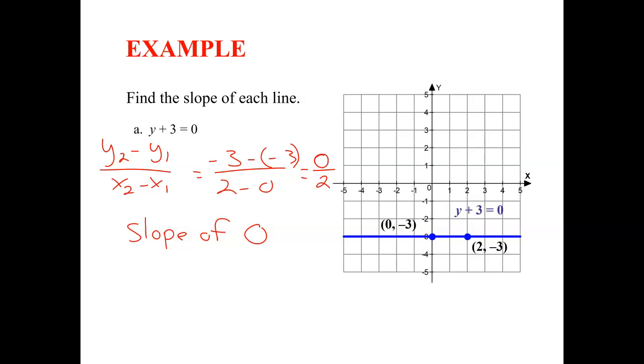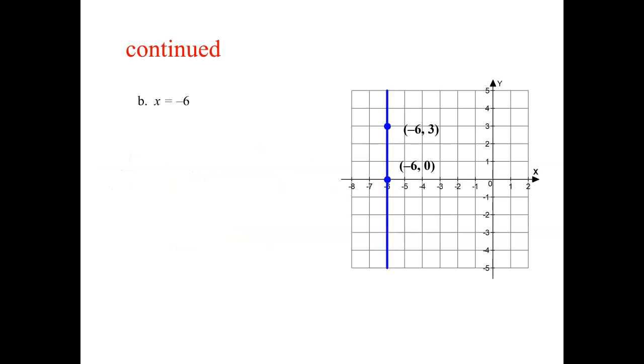Now, when we look at vertical lines, it's going to be a little bit different. Okay? Still pick 2 points. Doesn't matter which ones. My y values, 3 and 0. My x values are both negative 6. So I'm left with 3 over 0. What's 3 divided by 0?